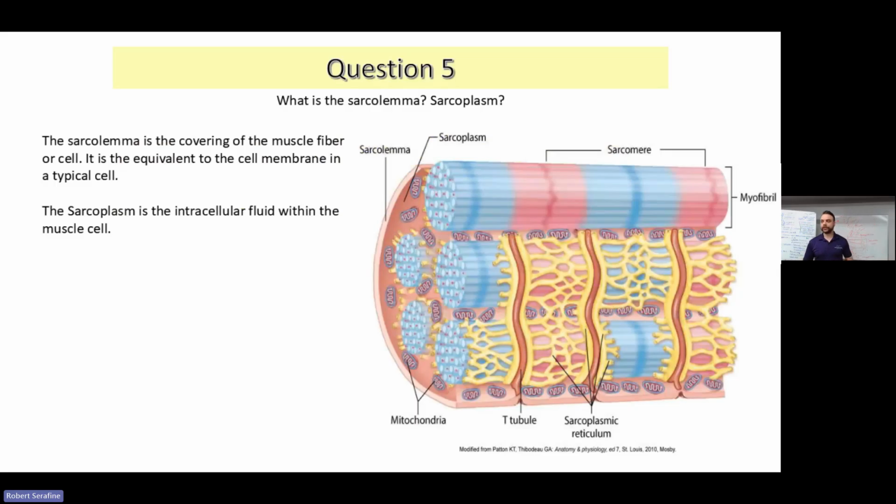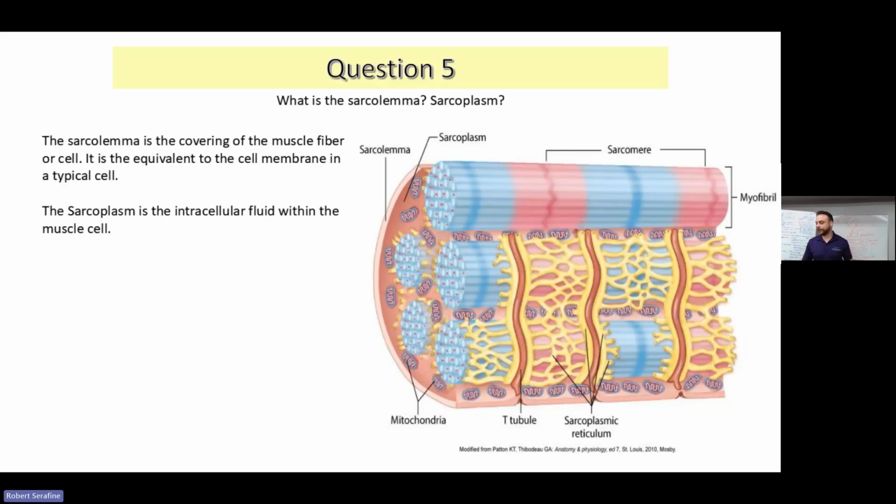However, let's pay attention quickly to the word sarco. The prefix sarco literally means flesh. We're going to see that a lot of the words that we use for generic cells, like cytoplasm, we swap out, as in sarcoplasm, to delineate that we're talking about the muscular cell in particular.